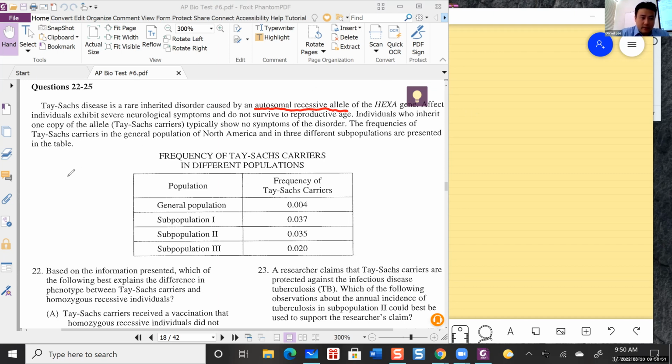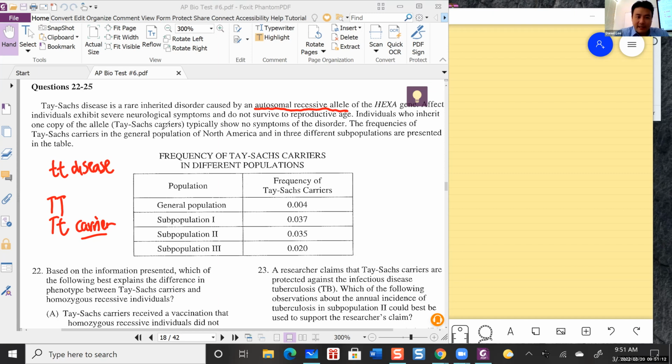So right away, little t is the disease allele, and those individuals will die. Big T, little t would be normal, and the heterozygous is the carrier. Individuals who inherit one copy typically show no symptoms, so that confirms our assumption, they're normal.